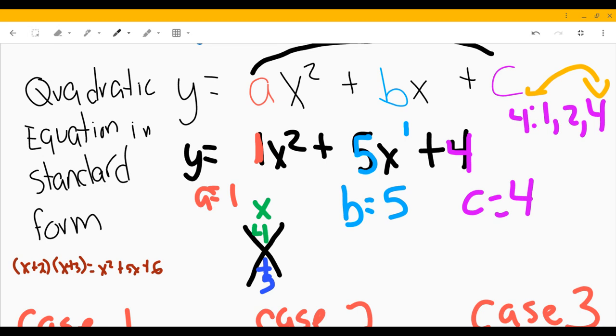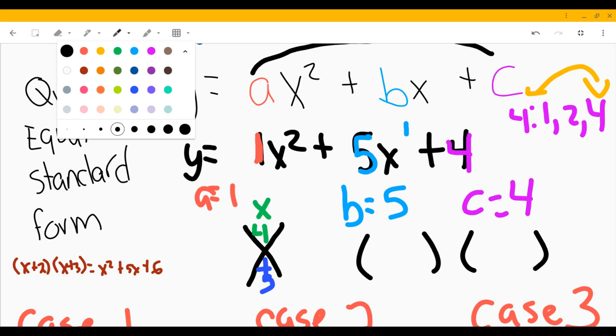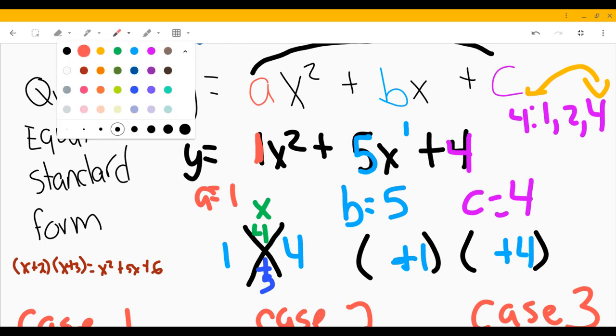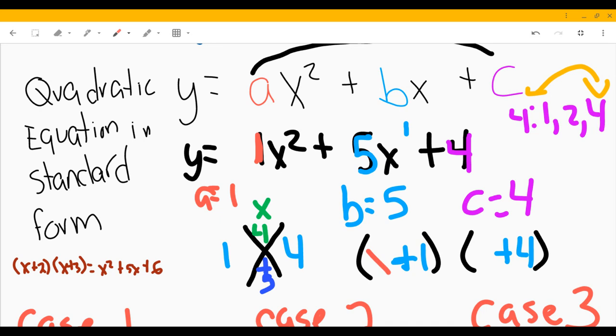So if we were factoring this into two binomials, I'm going to take those two values that we had, which were 1 and 4, and write them into our two binomials.